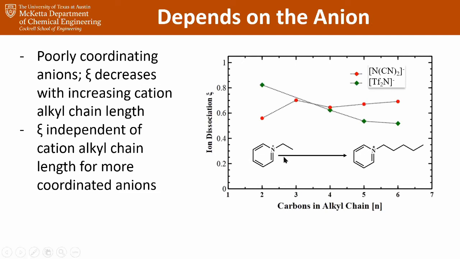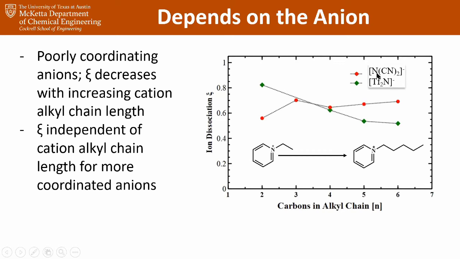Now, those are for bistriflimides, so what happens with cations that are paired with other anions? Here we're showing a comparison of pyridinium cations with short versus long chains as we go across, all right? The decreasing ionicity with increasing alkyl chain length is certainly true with these pyridiniums with the bistriflimide anion.